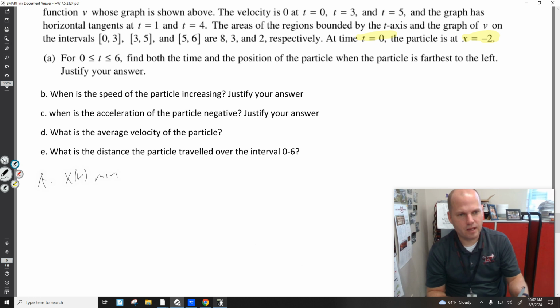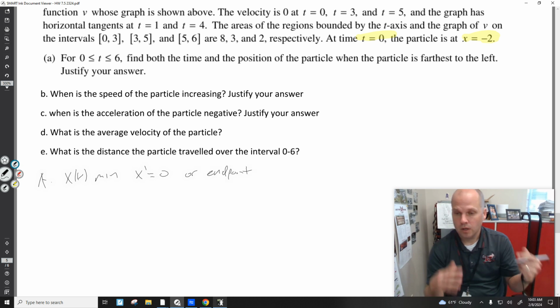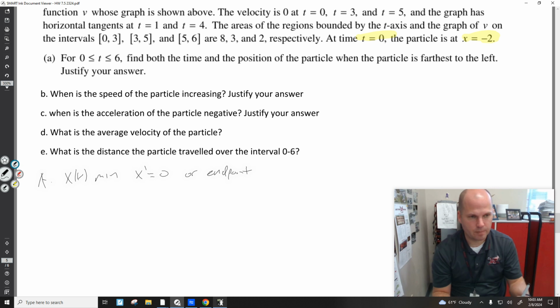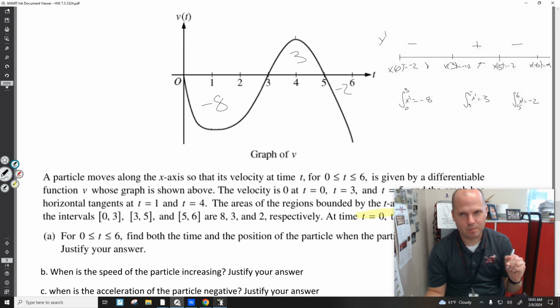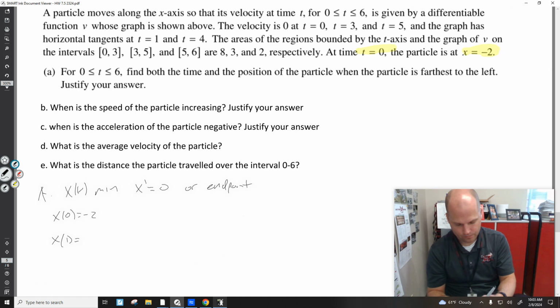X will be a min when its derivative equals 0 or at an endpoint. Here establishes where your candidates are coming from. Here is your first value, x of 1. You can't just write down the position. Sorry, x of 3. You have to show the work. You started with x of 0.